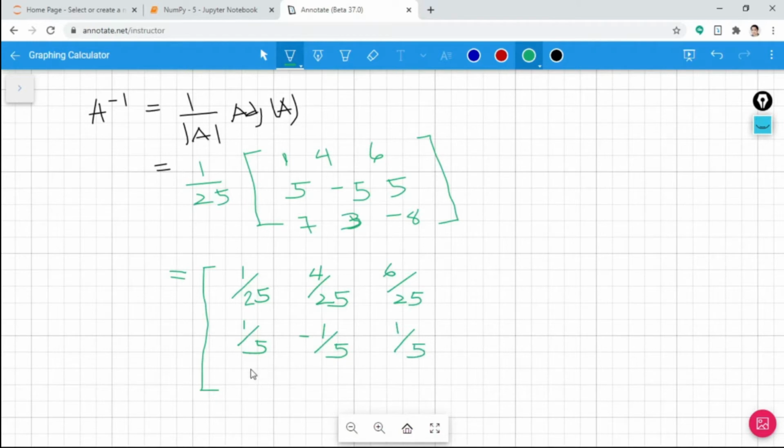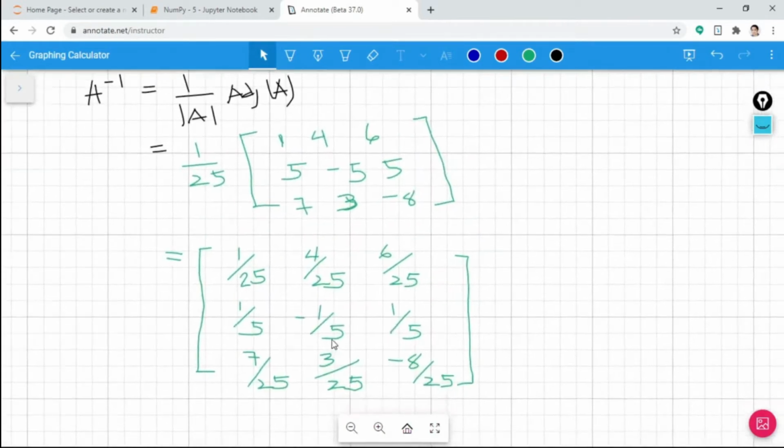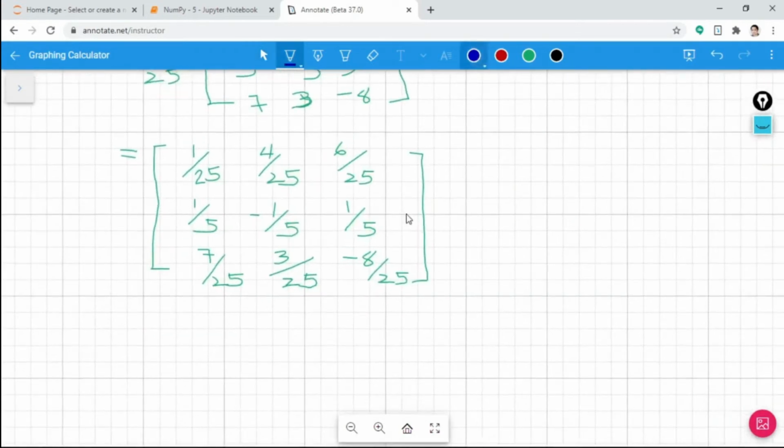Then 7 over 25, 3 over 25, and the last one, 8 over 25. We just multiply by 1 over 25. So this is the inverse.